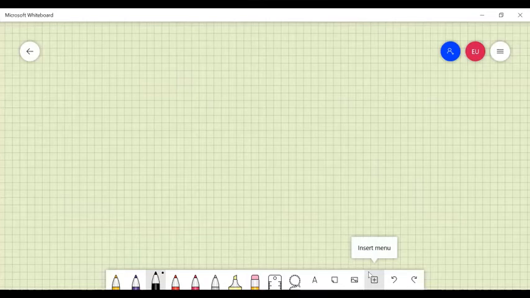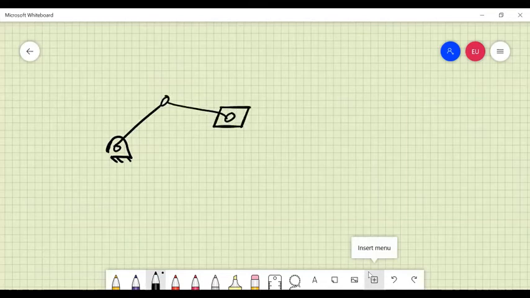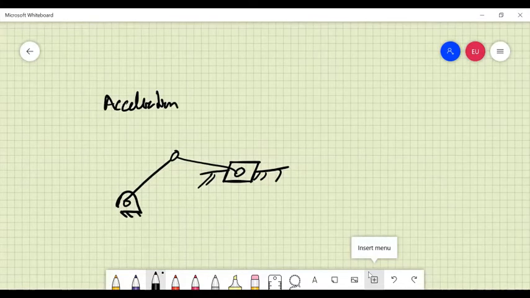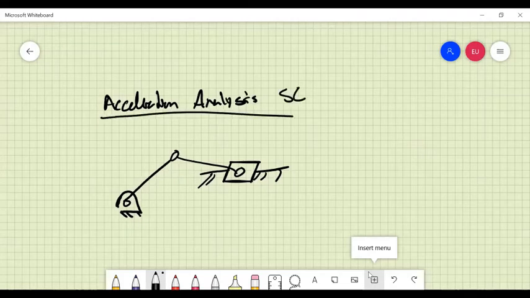Bueno, ya que regresamos del corte comercial, let's analyze another mechanism, which is this other guy that you know, that you have worked with before. Okay, so we are going to do the acceleration analysis of the slider crank.